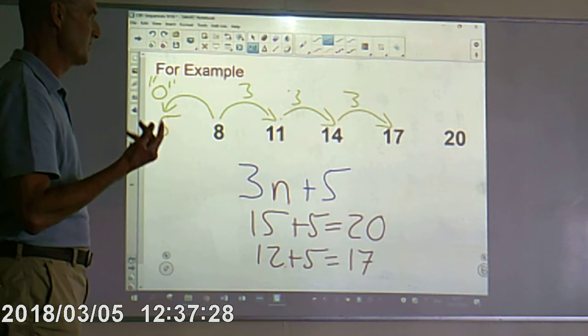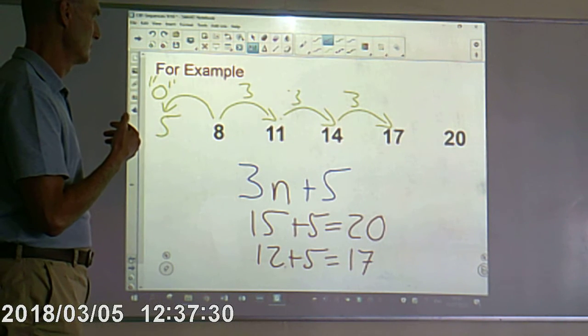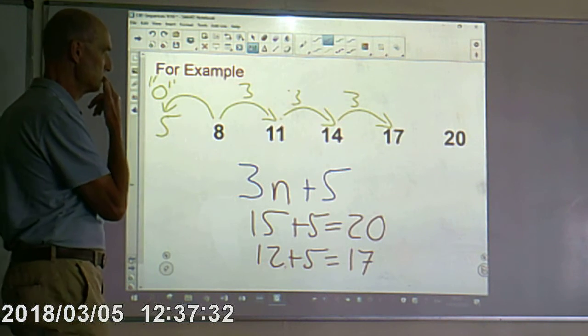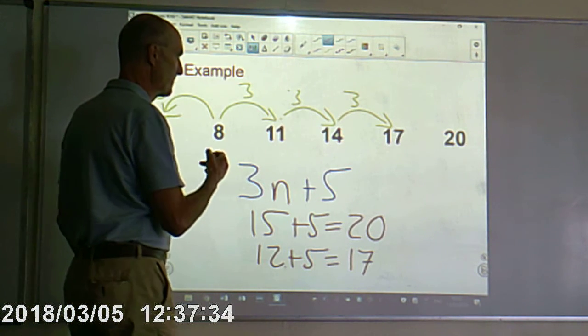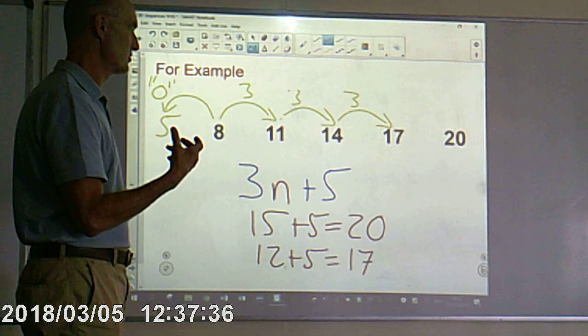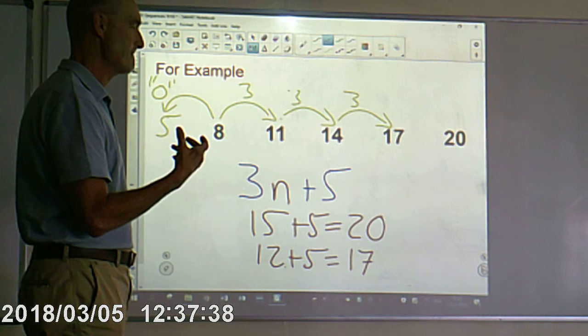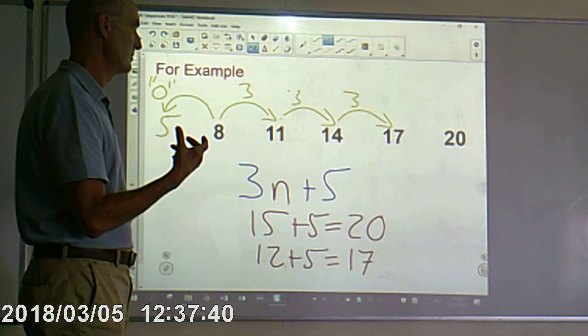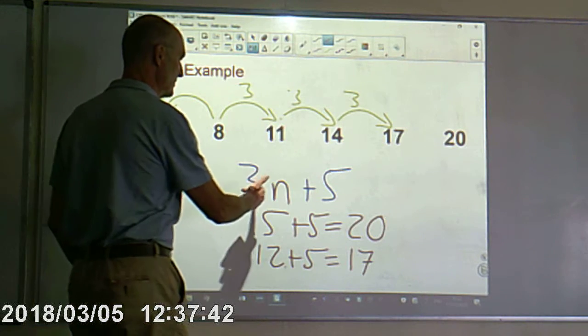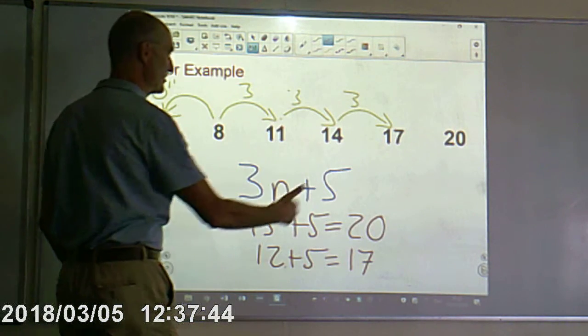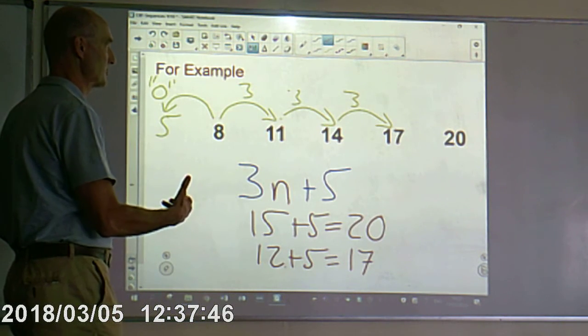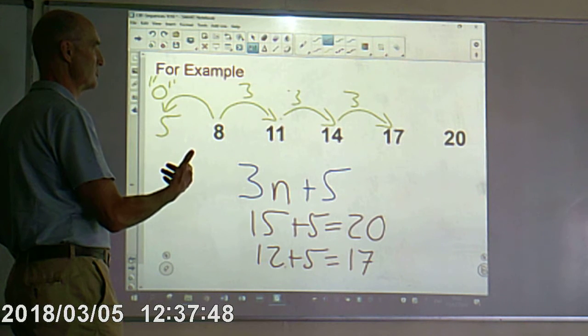Could the number 100 be in this sequence? So what would you do? If 100 is in the sequence, at some time 3n plus 5 must equal 100.